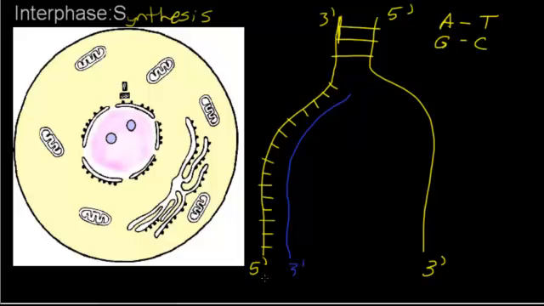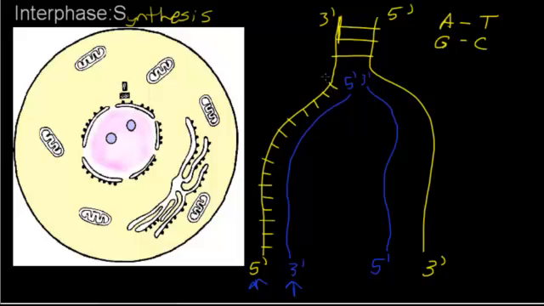And again, notice we're constructing things in an anti-parallel fashion here and here. If that's a 3', that means that this end here would be a 5', and it would be the same thing over here, but since that's a 3', we would have a 5' here, we would have a 3' there.